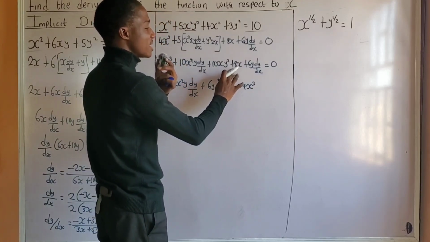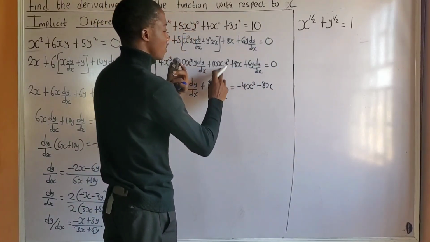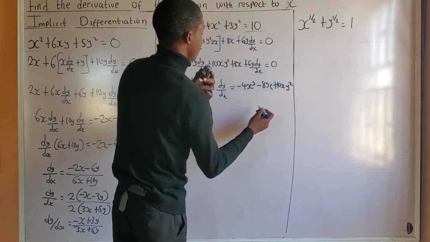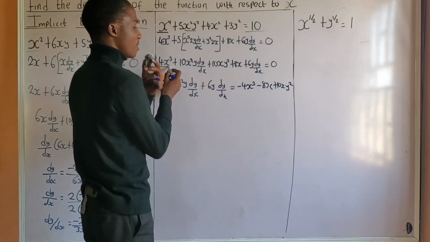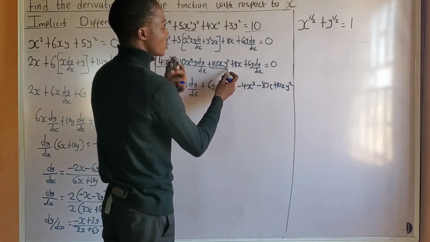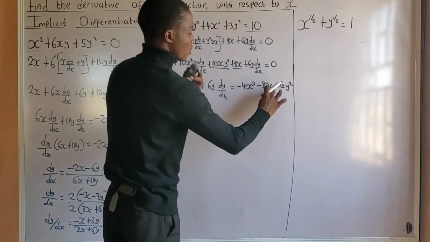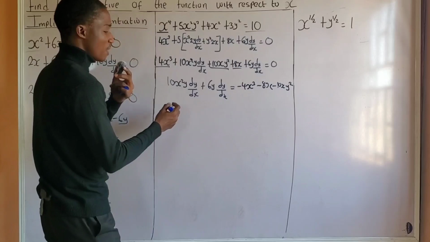Now take this plus 8x, minus 8x. What of this? Plus 10xy squared. Do you understand? Negative 4x to the power of 3, negative 10xy squared, oh, it's not plus, it's supposed to be minus. Are you getting it?